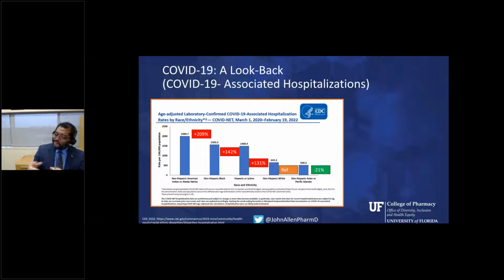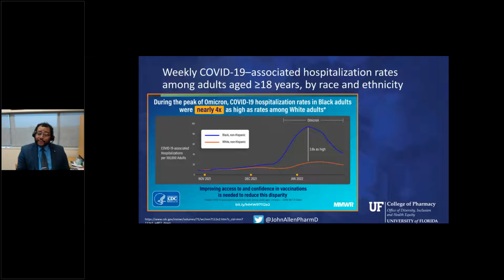What about now, given that we've had vaccinations become available, we've had new therapeutic options, and I would present to you that the data has largely persisted.